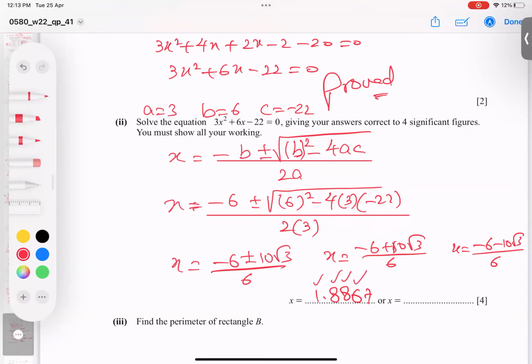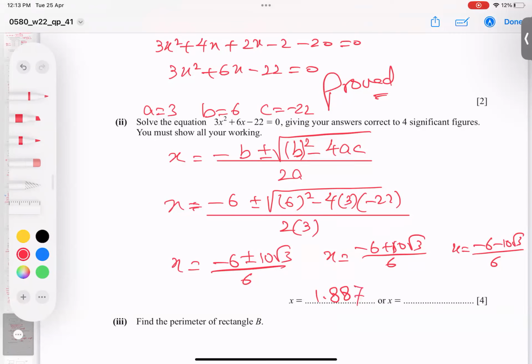So I need 4 decimal places, but the last number I don't want. If it is bigger than 4, then we add. When we add 1 digit in this number, it becomes 7.